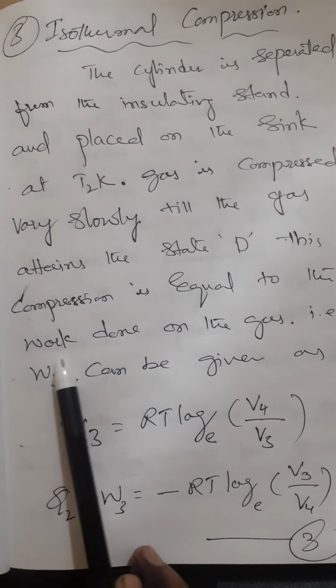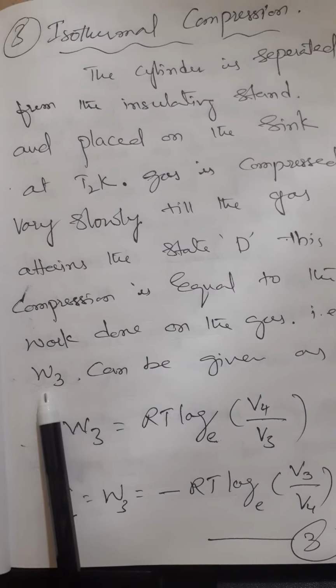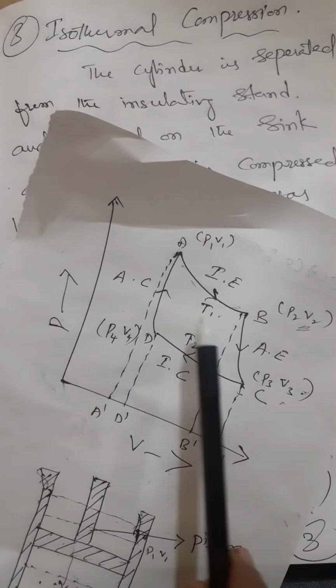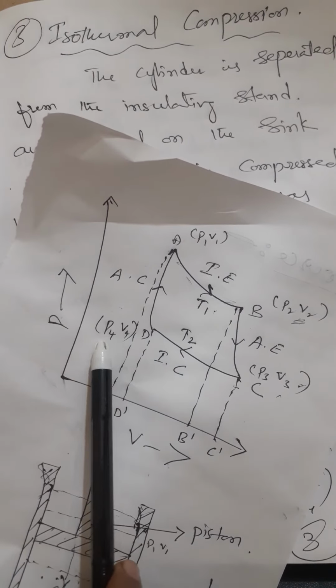So the work done on the gas can be written as W3, between position C with P3, V3 and position D with P4, V4 values.